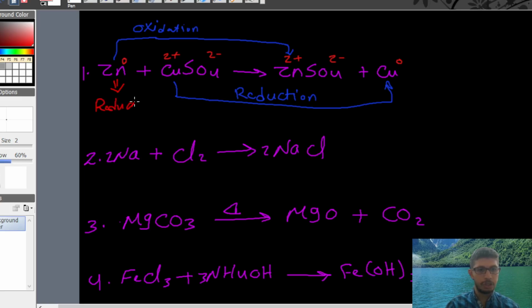A reducing agent is the reagent which undergoes oxidation, right? However, the vice versa occurs to the oxidizing agent. The oxidizing agent is reduced, guys.